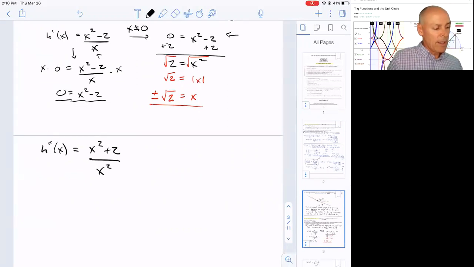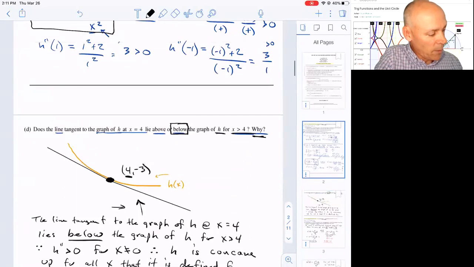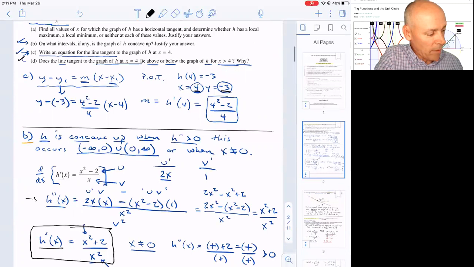Well, I should already know the answer, because we just said that for all x not equal to 0, the second derivative is positive. That was the work that we did in part B to talk about the interval where h is concave up.